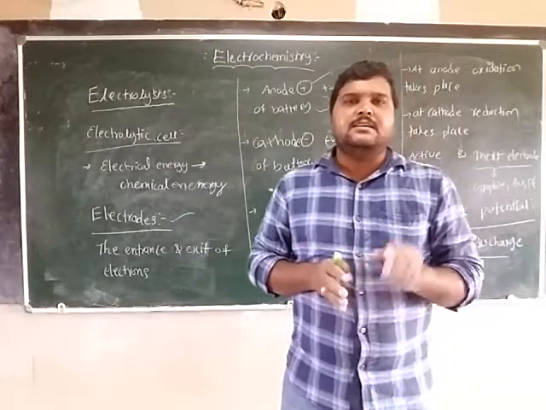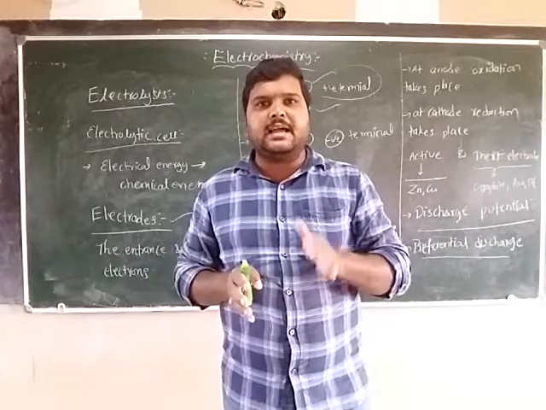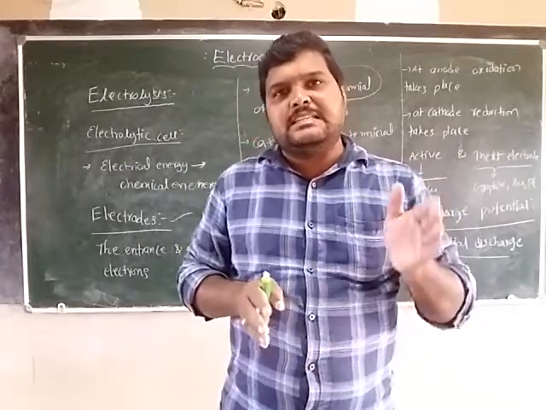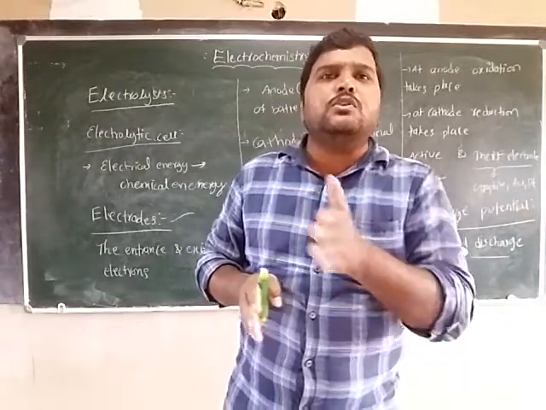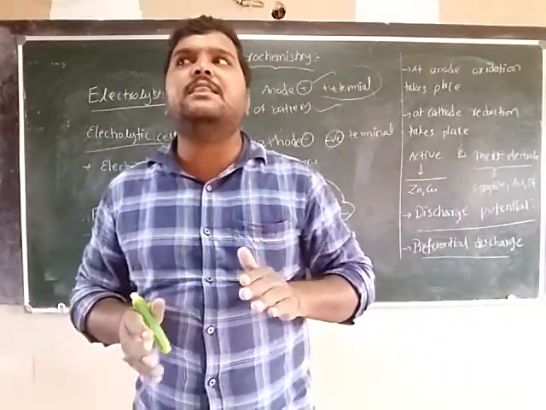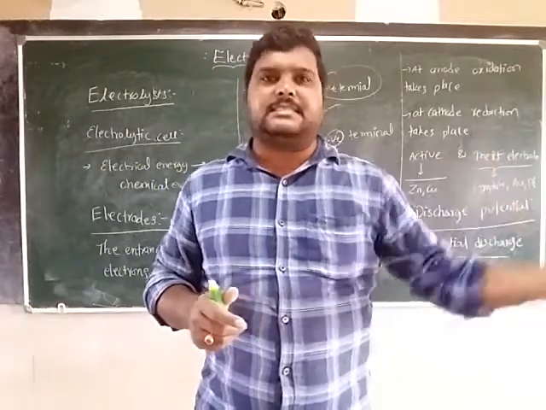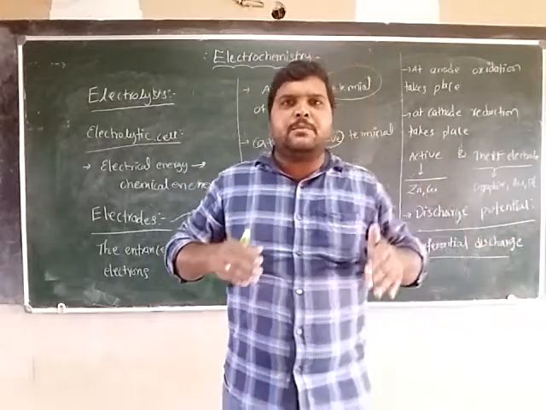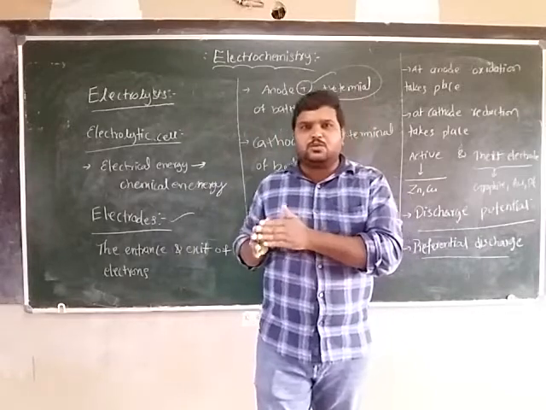Listen once again: the ion having the low discharge potential discharges at the corresponding electrode first. The one having the higher discharge potential discharges next. Is it clear? Discharge potential is the minimum energy required to discharge ions at the corresponding electrodes.